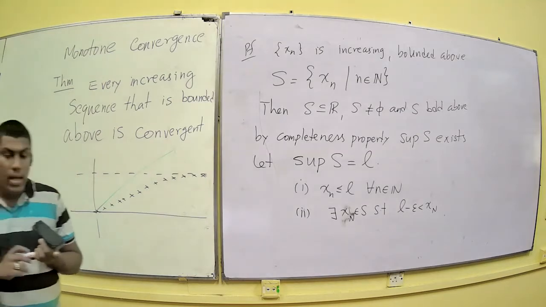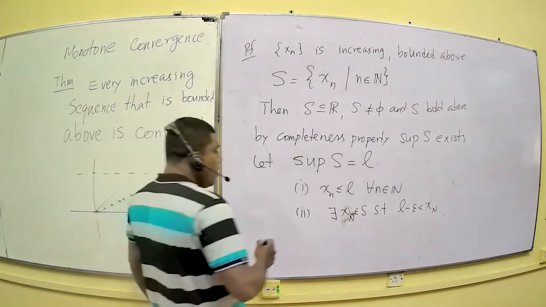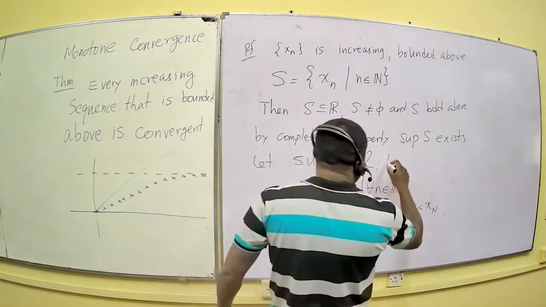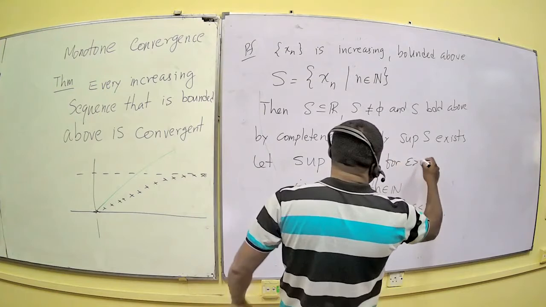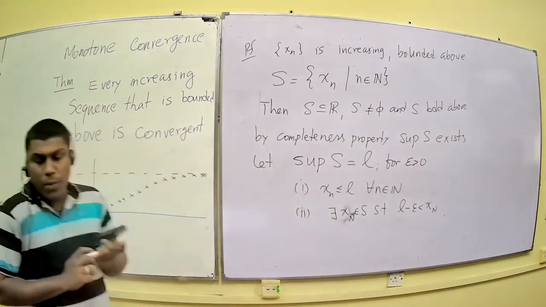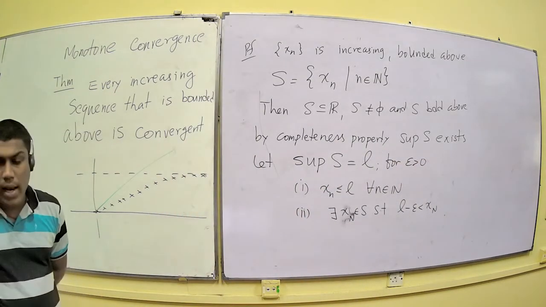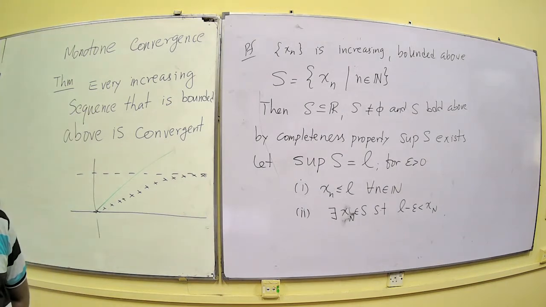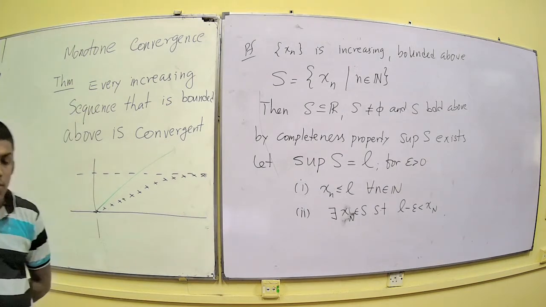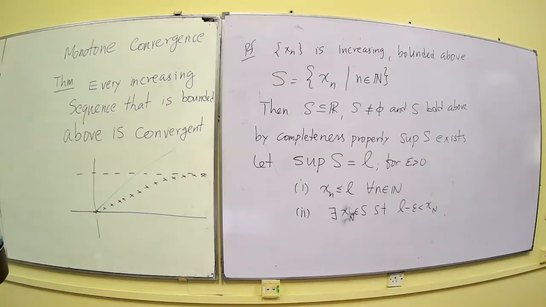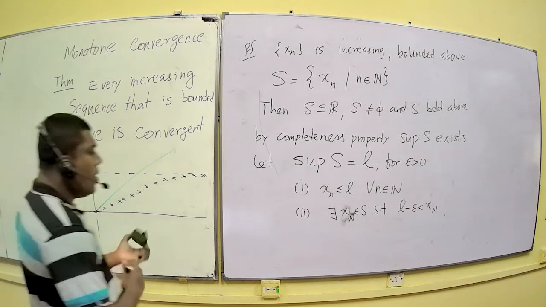For epsilon positive, by the definition of supremum, you see that xn is less or equal to L for all n. At the same time, there exists some xn in the set S such that if you go epsilon below the L, then you get an xn bigger than that.